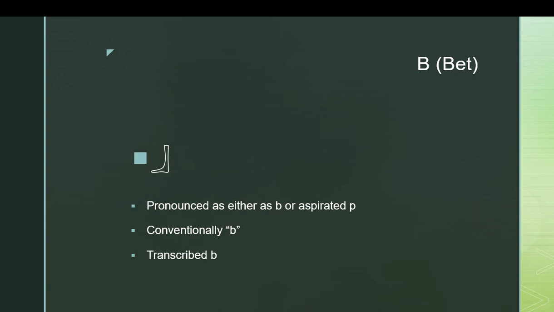Compare the words pin and spin. You don't feel that puff with spin, you do with pin. That's aspiration. And the Egyptians may have phonologically distinguished it. We don't really know, unfortunately, because we're mostly working off of what Semitic languages wrote down these sounds as, because we know the values of their letters, and off of Coptic, which is much later than Middle Egyptian.